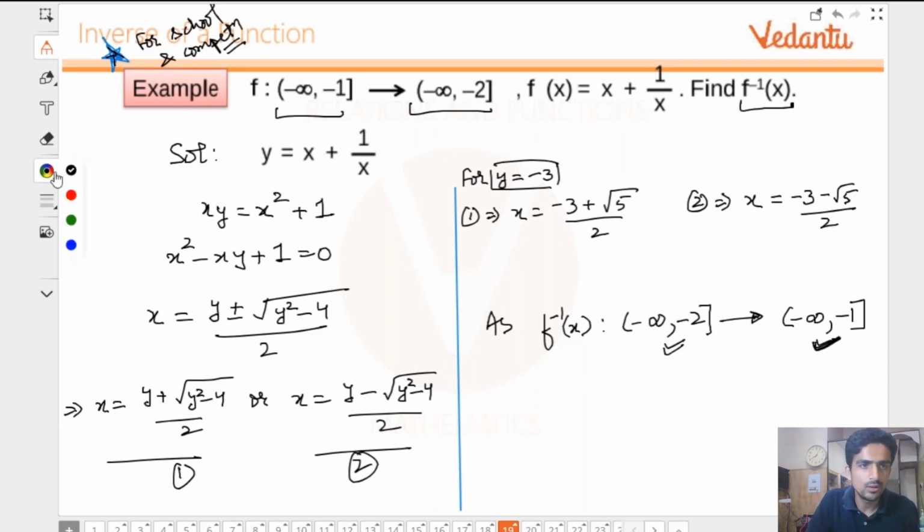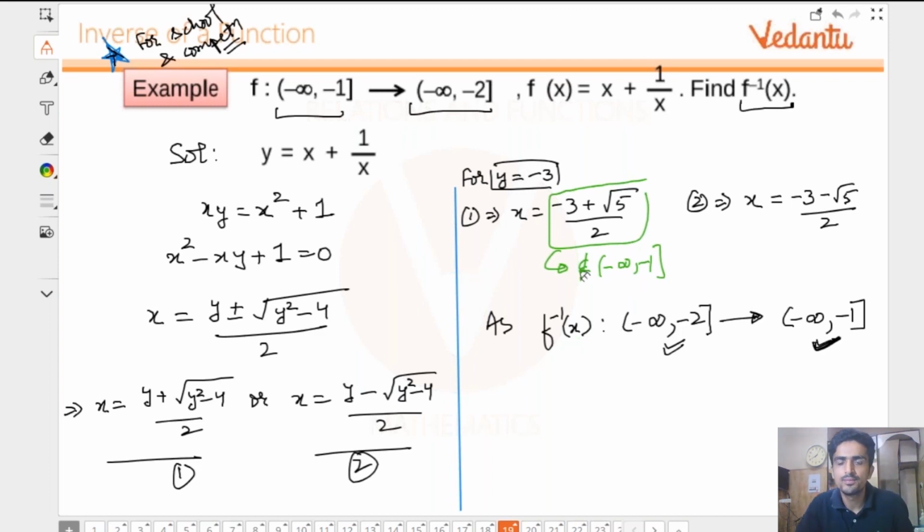But if you calculate a little bit, you can easily realize that this value does not belong to minus infinity to minus 1. Try to see. It is minus 3 plus 2 point something by 2. It will be minus 0 point something. So certainly it goes out of minus infinity to minus 1.